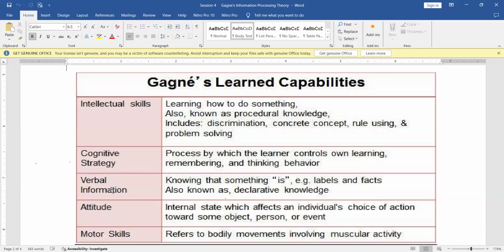What is cognitive strategy? Process by which the learner controls own learning, remembering and thinking behavior. They are picking on metacognition. That is, the learner knows how to learn best. And you as the teacher should make sure the learner works it out. I learn best this way.